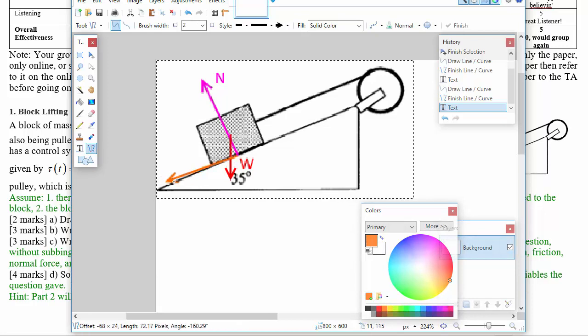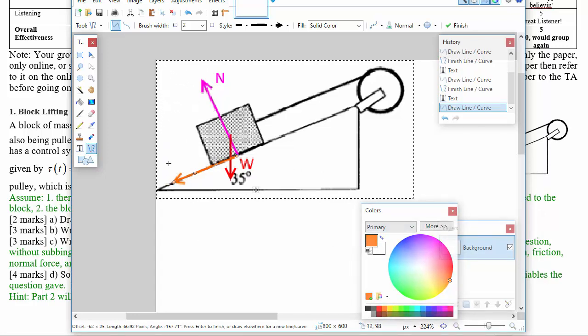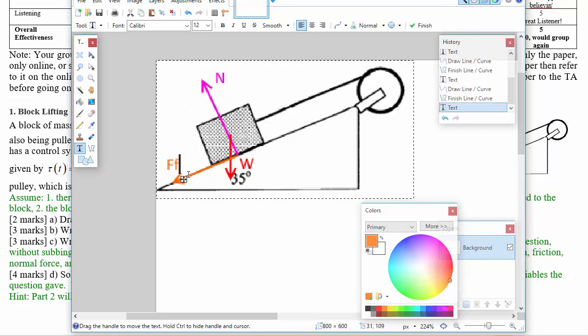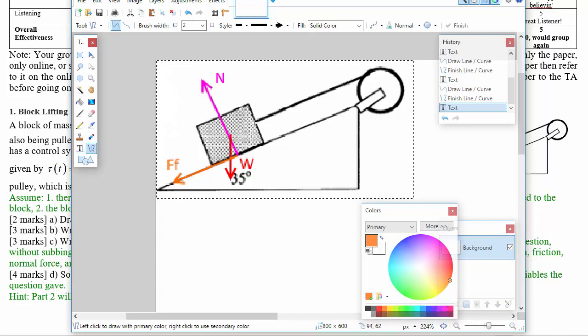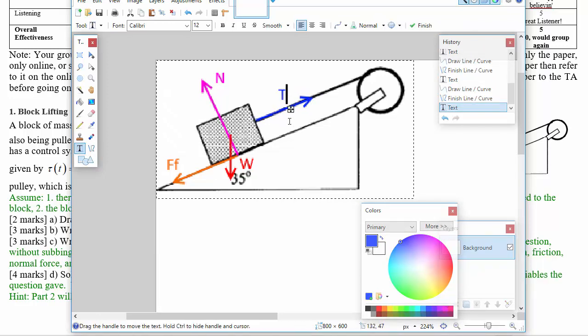Friction force is always going to be down along the ramp, applied at the bottom of the block there. And that would be force of friction. Then we can label the tension in the rope. So how about some blue for that? Force going along the rope direction there, and that would be the tension.